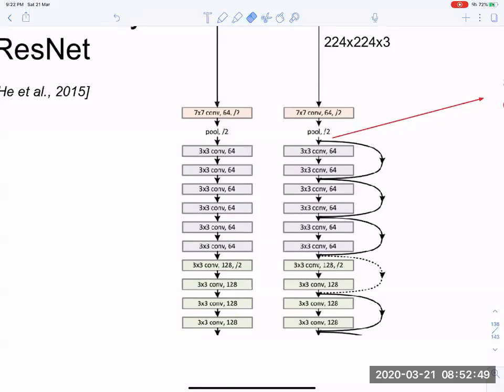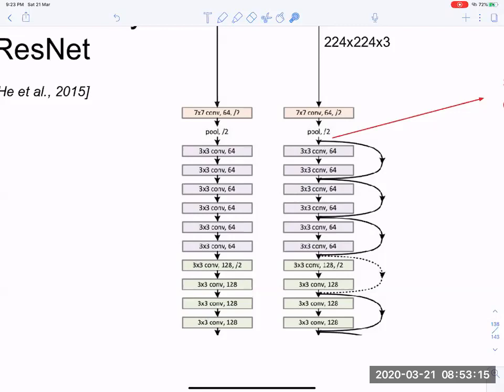Because the previous layer feature is anyway there. So if your previous layer feature was giving you high performance, and in between you are not able to learn anything, then the previous feature is anyway with you, and you need not worry about the performance. It is not going to be less than any previous layer feature. So that was the concept behind identity, or residual learning.